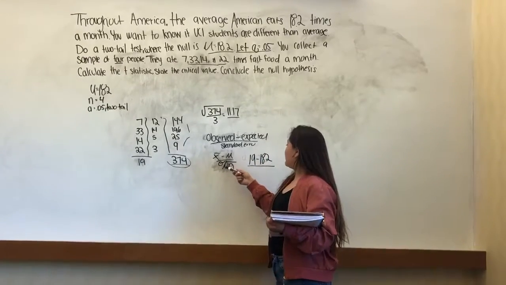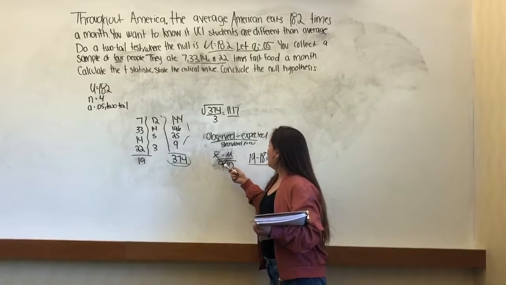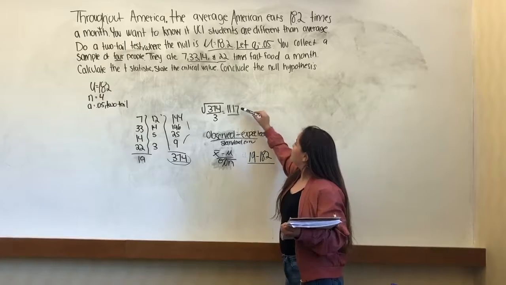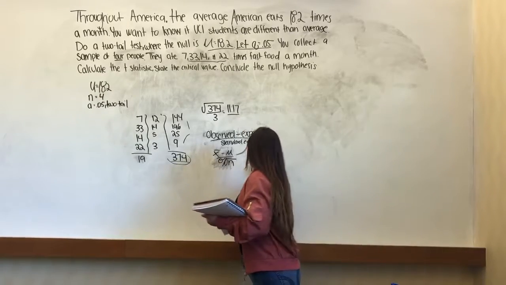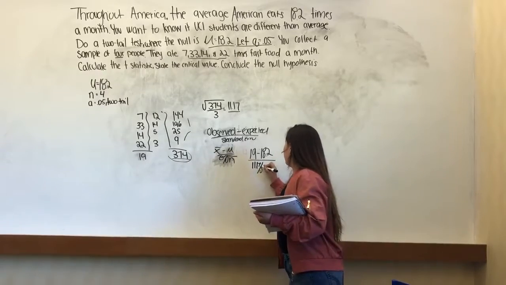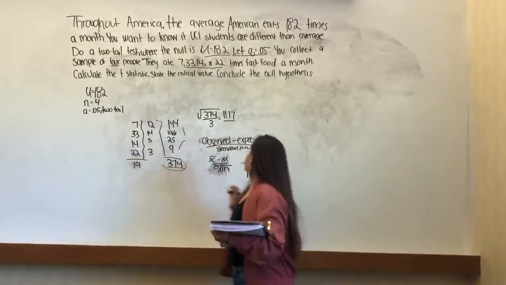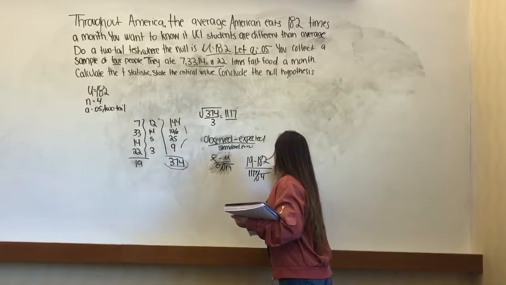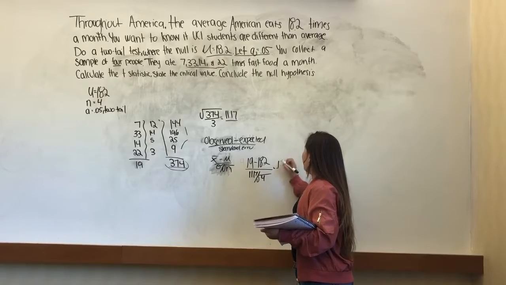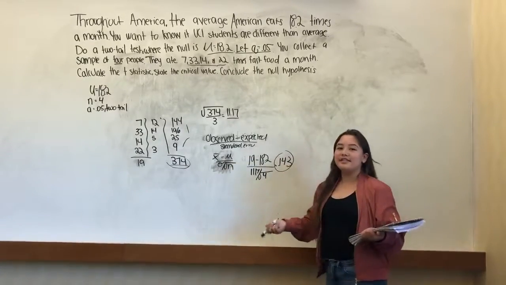And then we input the numbers for the standard error, which would be sigma, and we already calculated the standard deviation, which is 11.17, divided by the square root of n, and n is 4 because it's a sample size. And so we get a value of 0.143. And that's the t-statistic.